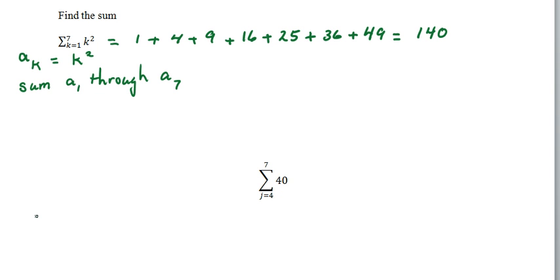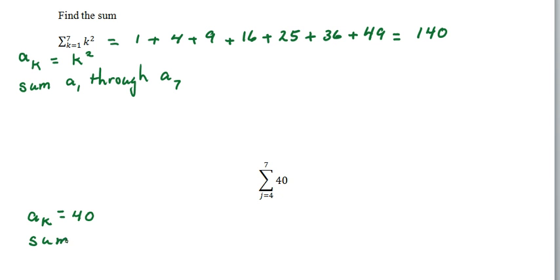In the second case, our a sub k equals 40. That means every term in the sequence is 40.